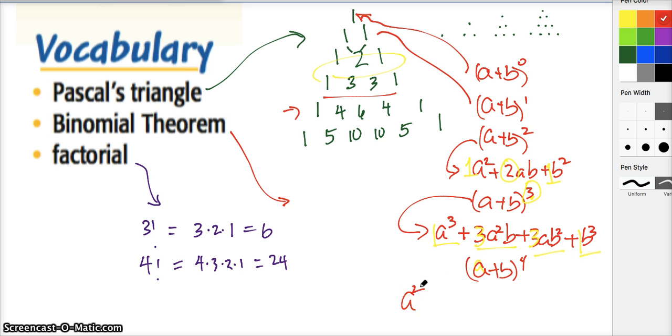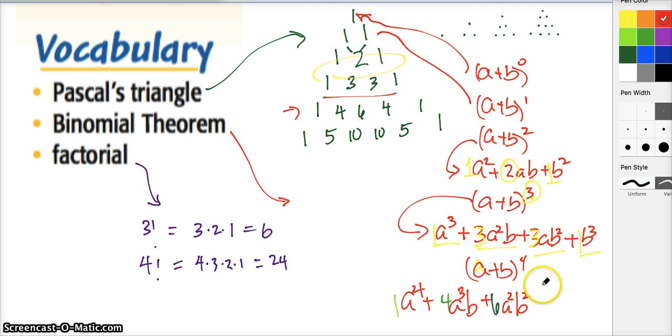It would be a to the fourth plus, so that's 1a to the fourth. Let me put the 1 in there. 1a to the fourth plus 4. Now remember what we said about a, it's going to diminish. So a to the third, and then we're going to have b to the first. That keeps this a fourth degree term, plus 6 a to the second, b to the second.